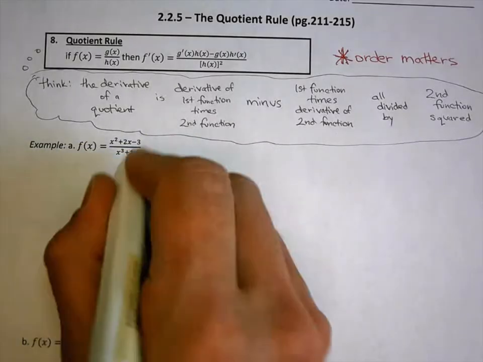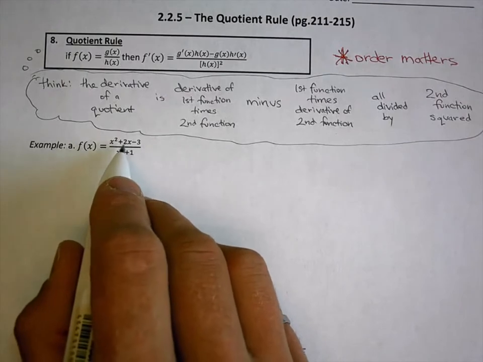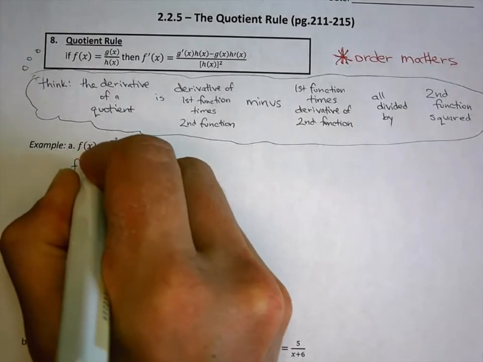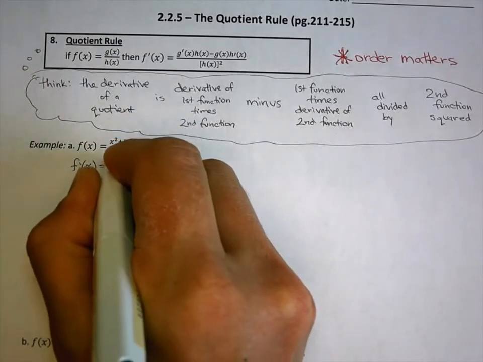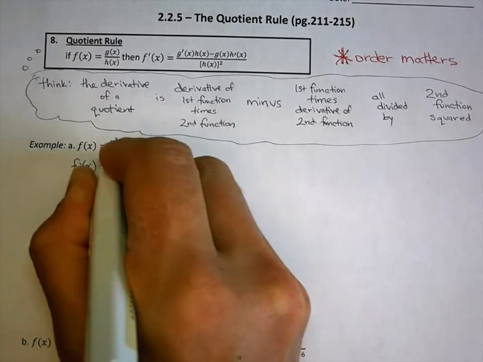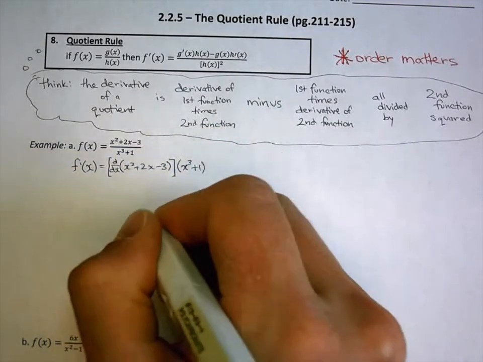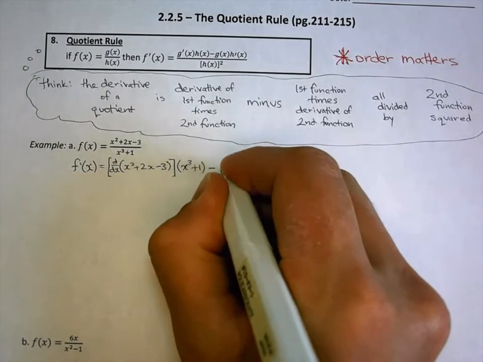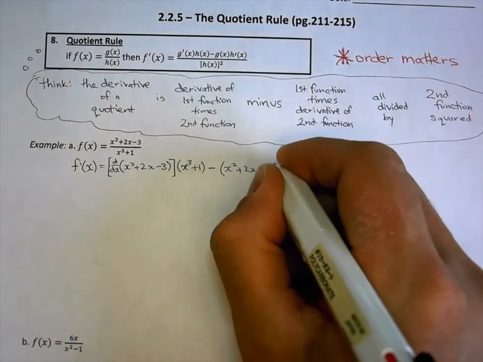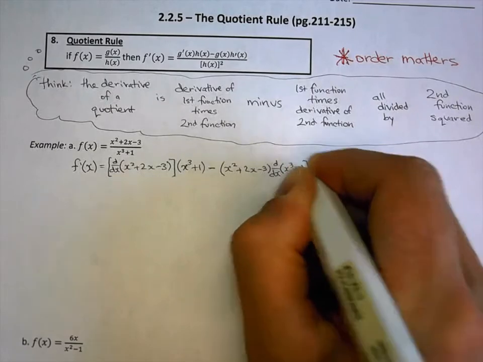So let's try finding the derivative of this function f. It's the division, or the quotient, of two functions, so I have to use the quotient rule. So the derivative is the derivative of the first thing, which is x squared plus 2x minus 3, times the second function, which is x cubed plus 1, minus x squared plus 2x minus 3 times the derivative of x cubed plus 1, the second function.